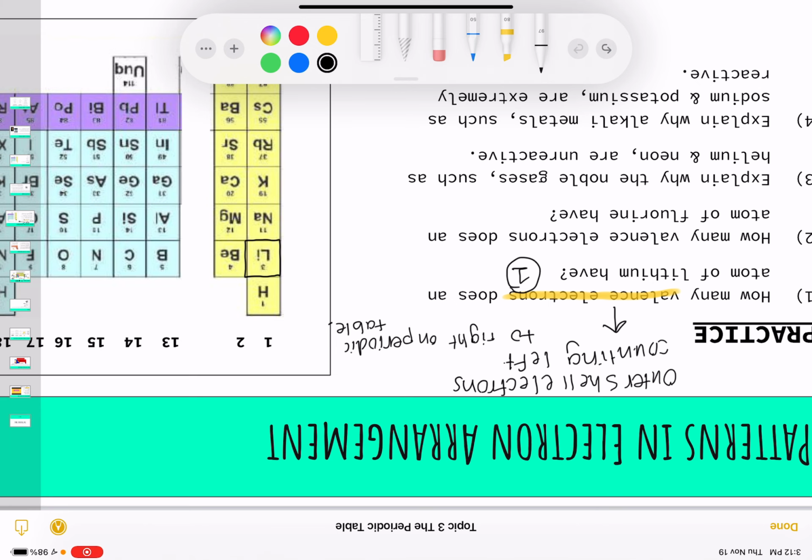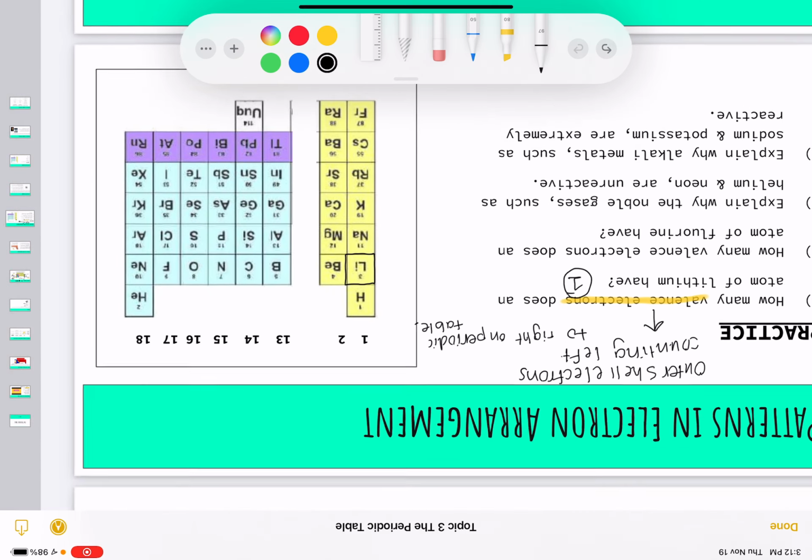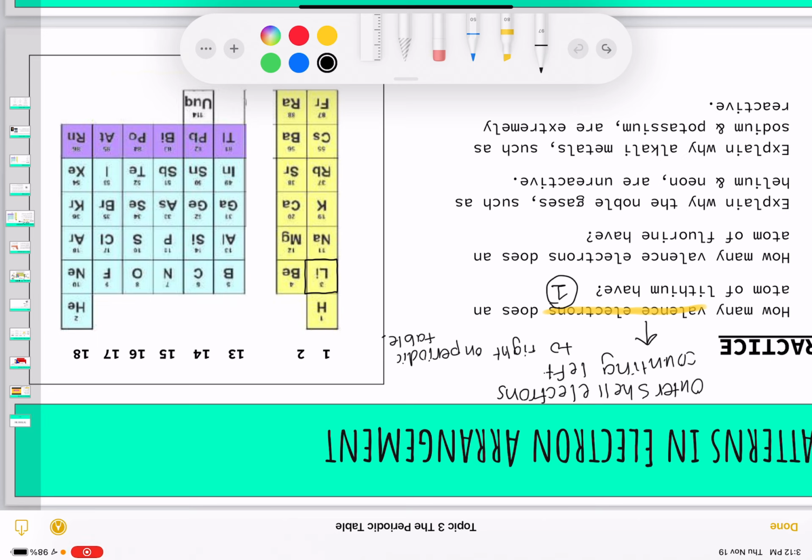How many valence electrons does fluorine have? The table is abbreviated here, so the space that's here, we sort of skip over, because the transition metals aren't as important to us, so we only are counting over at the top as well.